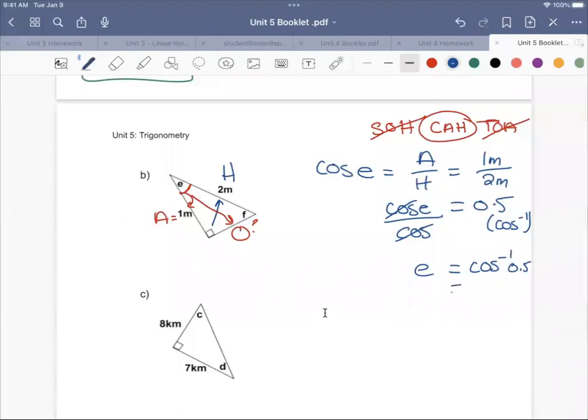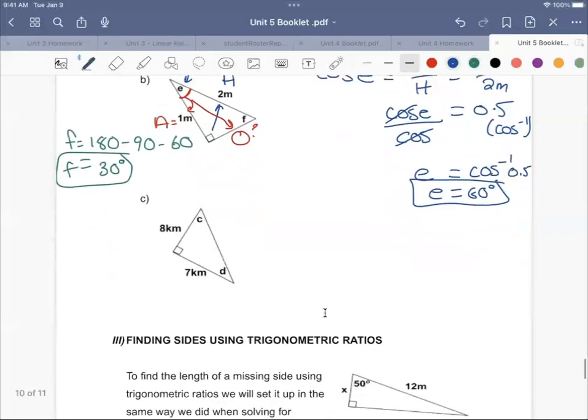I type that in, I get 60 degrees. I know E is 60 degrees. I know that F is equal to 180 minus 90 minus 60. I get 30 degrees. So F is equal to 30 degrees and E is equal to 60 degrees.